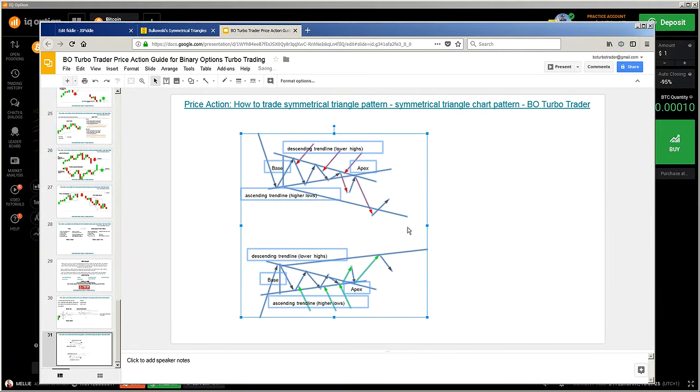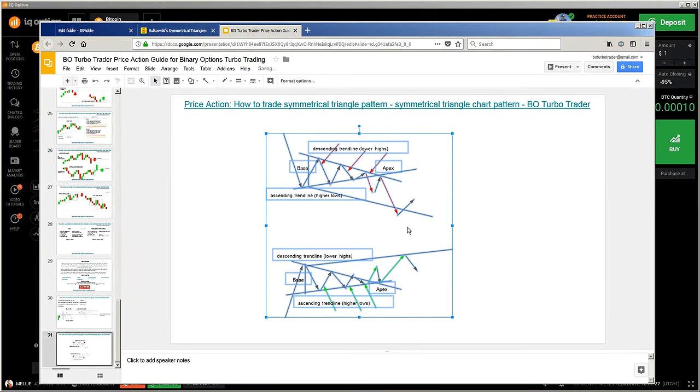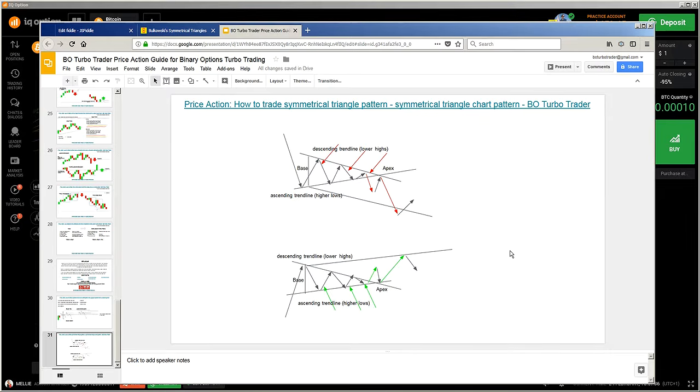It's mostly traded as a continuation pattern, but I can tell you it's maybe 50% of the time that it will be reversed and 50% of the time a continuation. So I will put this here also in this manner, so that you understand when you see this in the ebook.